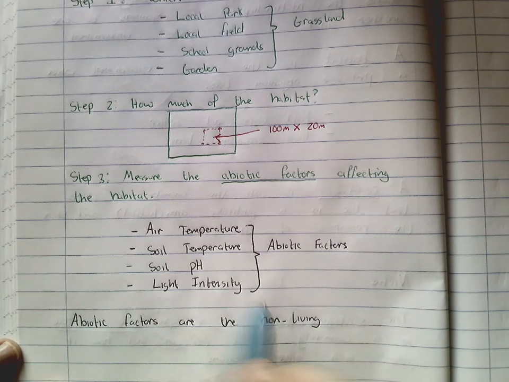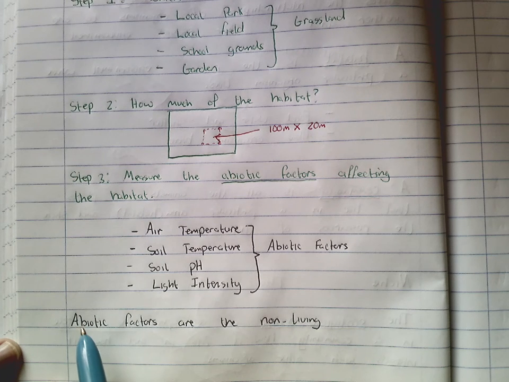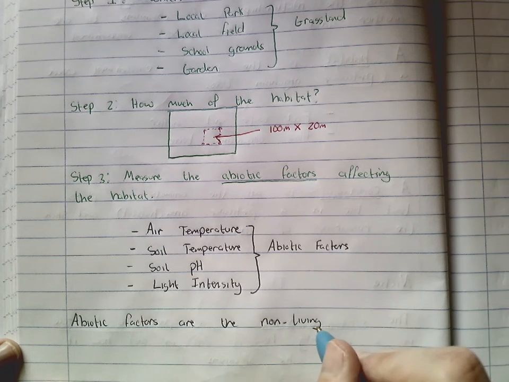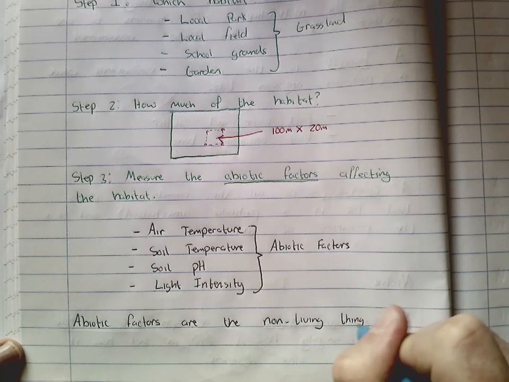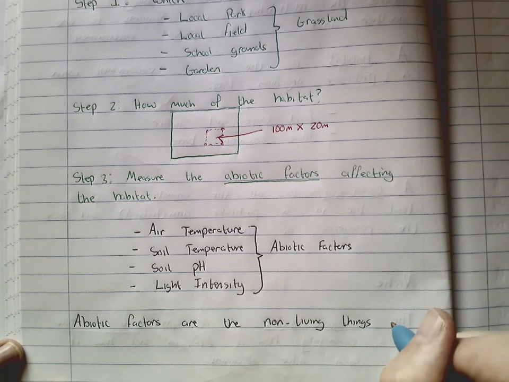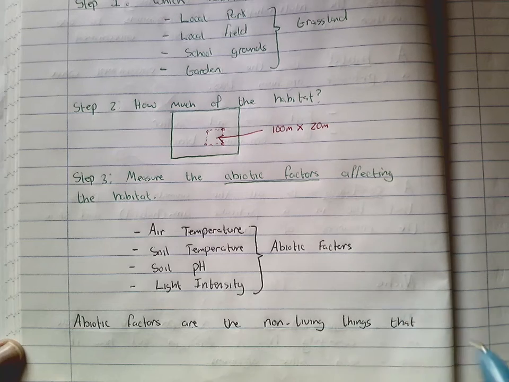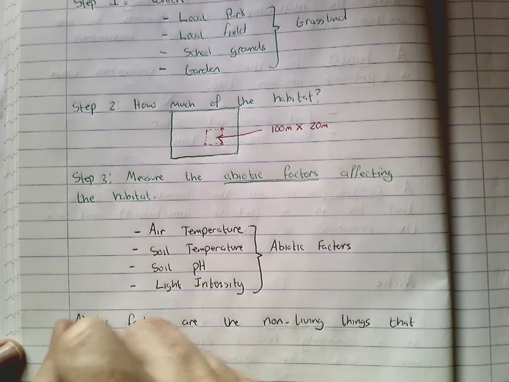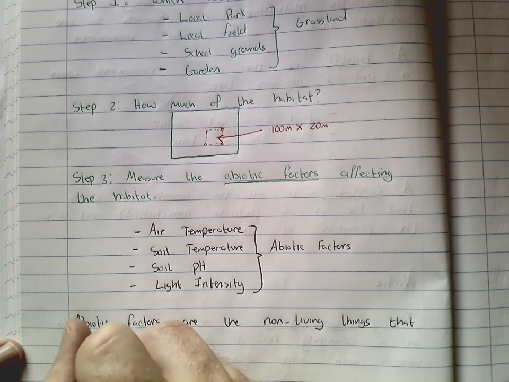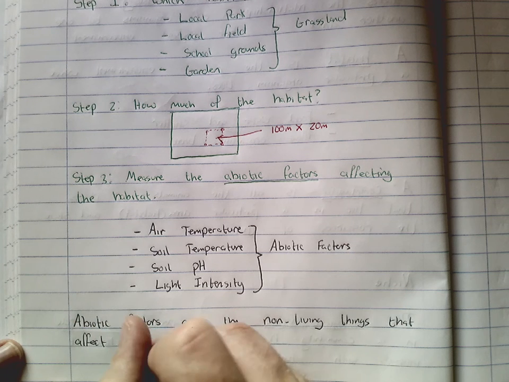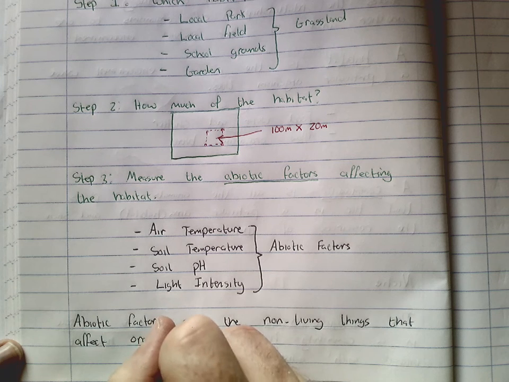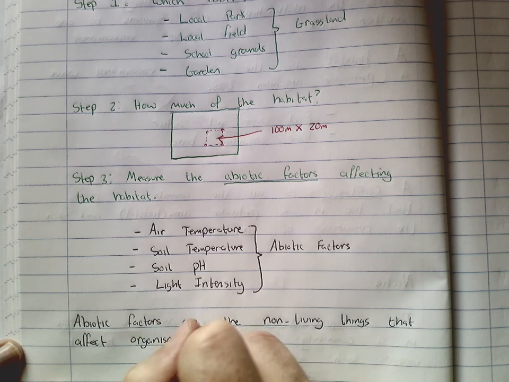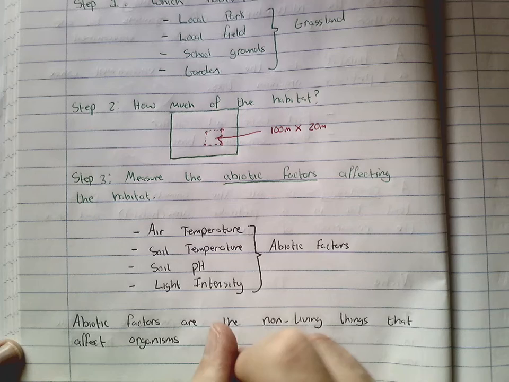So non-living is what we mean by abiotic: a meaning not, and bio meaning life, so it's not living.